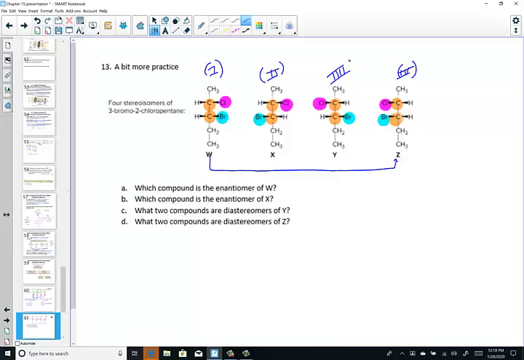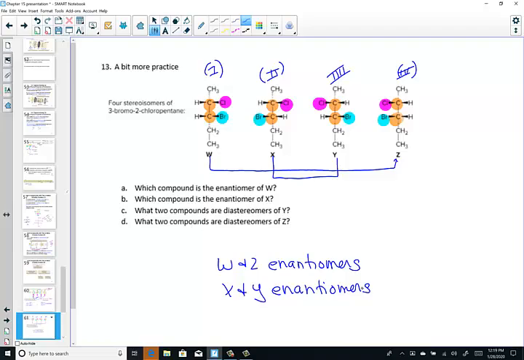W and Z are mirror images. And the interior, those 2 are mirror images. W and Z are enantiomers. X and Y are enantiomers. Any other combination is going to give you diastereomers.